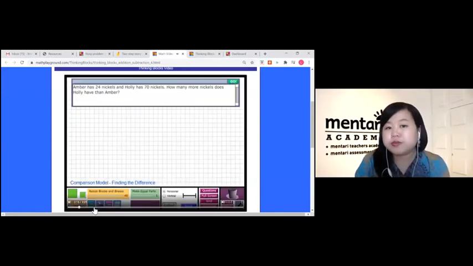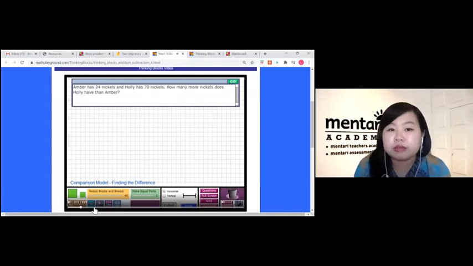Amber has 24 nickels and Holly has 70 nickels. How many more nickels does Holly have than Amber? We can model the number of nickels that Amber has by dragging a block onto the work area and resizing it to represent Amber's nickels. And we should label it.